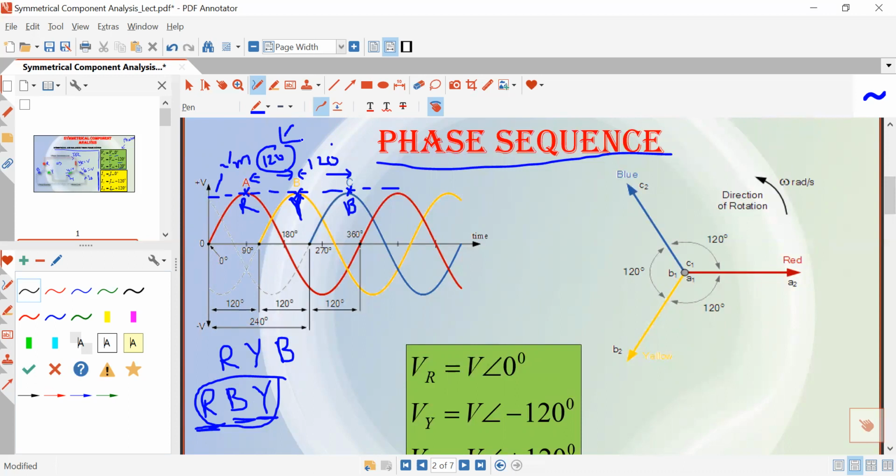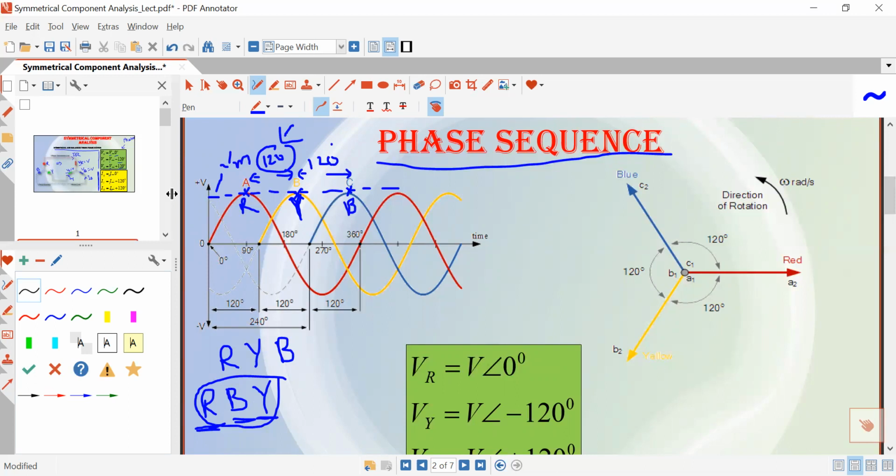If you consider R as the reference, then you can say Y is lagging R by an angle of 120 degrees. Lagging means Y will attain its maximum after the phase voltage of R. Leading means it will attain its maximum before R.